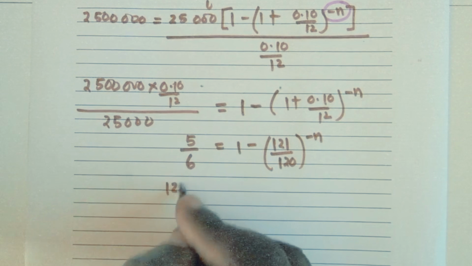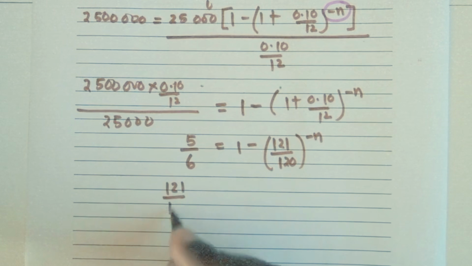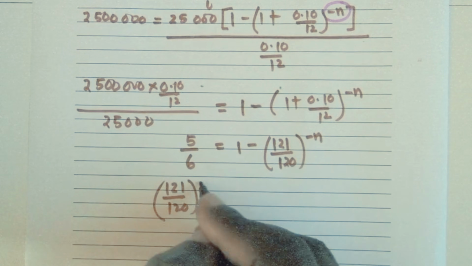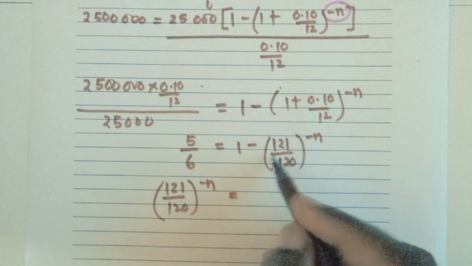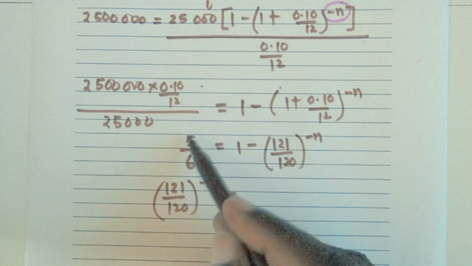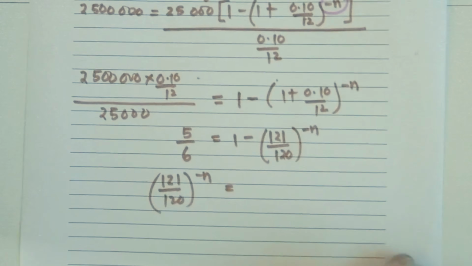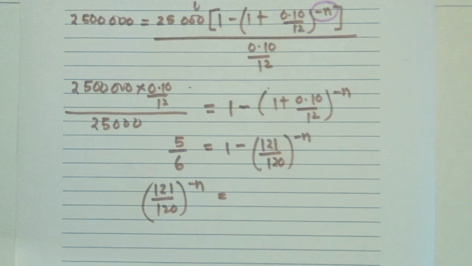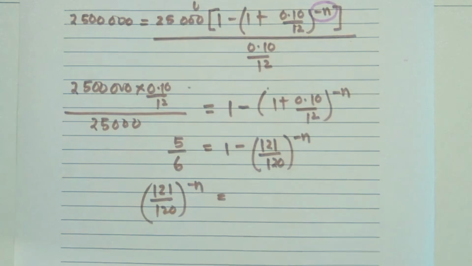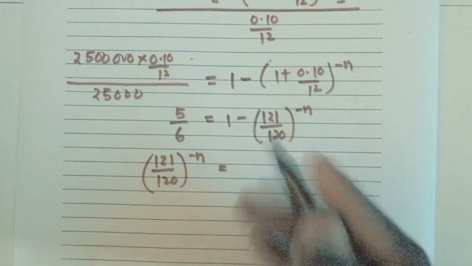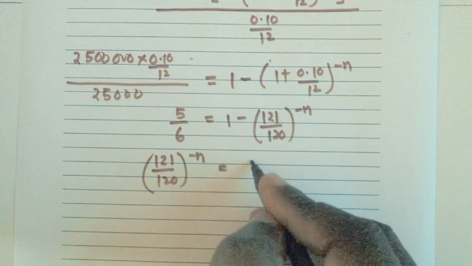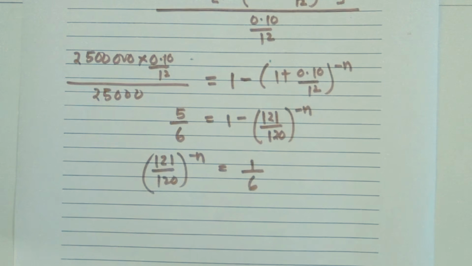Then I can say, if I move 5 over 6 to go to that side, I'm going to get 1 over 6.